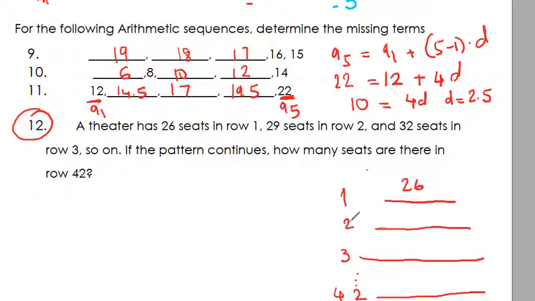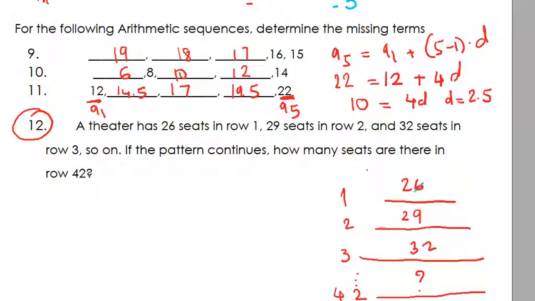26 seats. Okay. Second row, how many seats? 29. The third one is going to be 32. Okay. So how many seats in row 42, if the pattern continues? What's the pattern here?